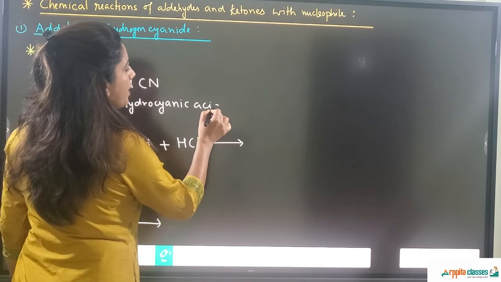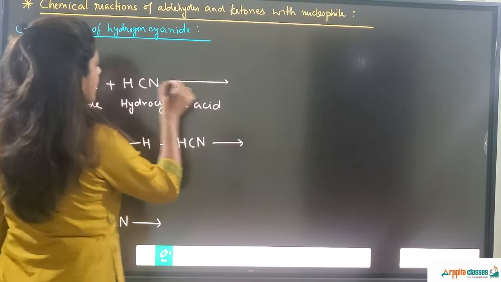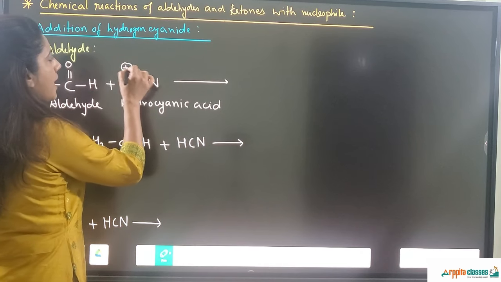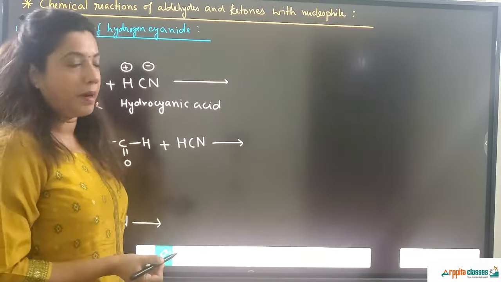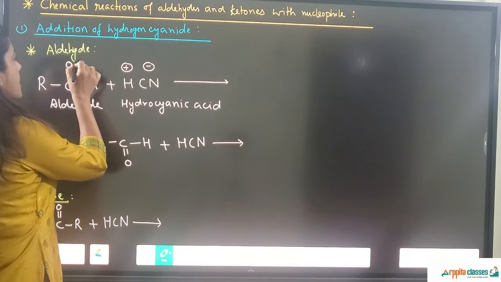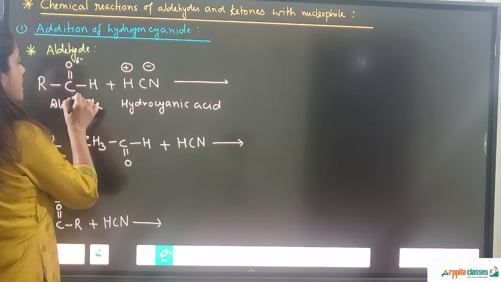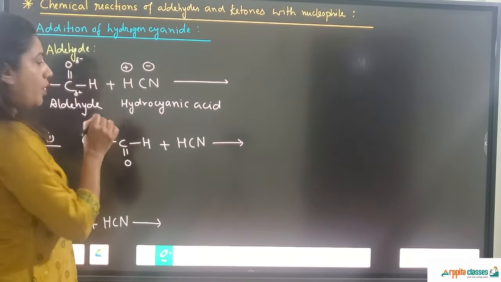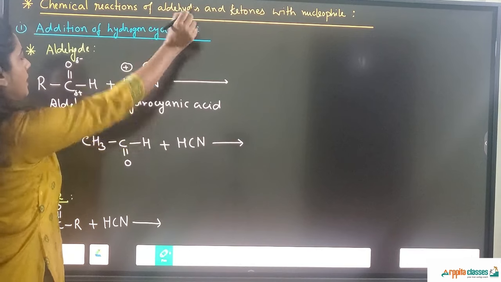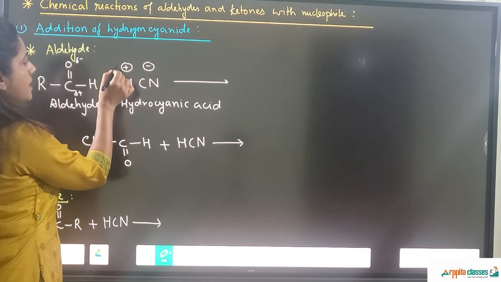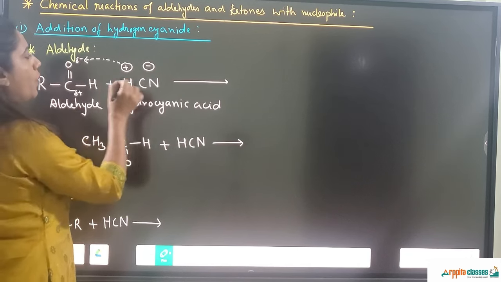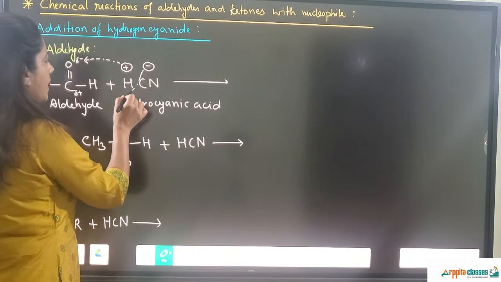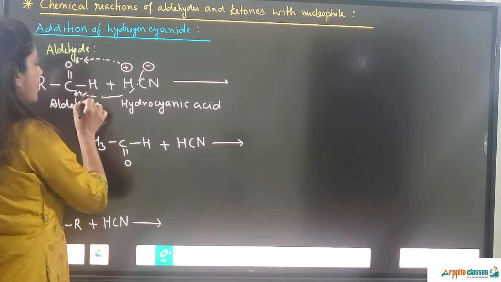We write HCN as H plus and CN minus. So here the nucleophile is CN minus. This is delta minus and this is delta plus. So the H plus will get added to the minus, that is oxygen, and CN minus will get added to the plus, that is carbon.